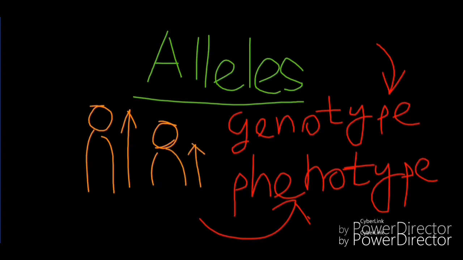So that means when the genes pass from the generation to you, from your mother you will get a gene which will give you the characteristic of being taller, and from your father you will get a gene which will give you the characteristic of being shorter. And these characteristics which are coming from your parents to you are called genotypes.